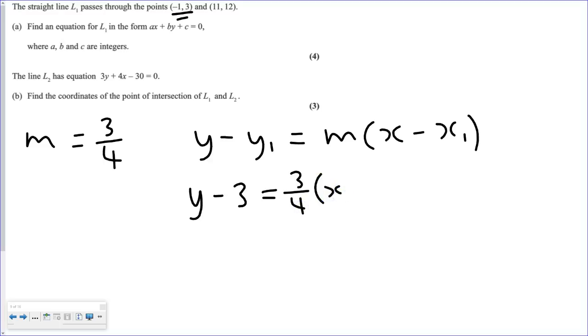x1 is just minus 1, so because it's x minus x1, our two minuses become a positive, and I'm left with the following. Times everything by 4, and we'll get rid of the fraction there. I have to make sure I times every term by the 4.